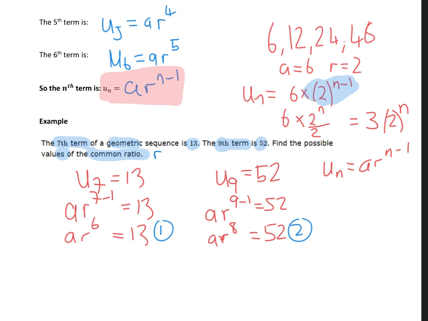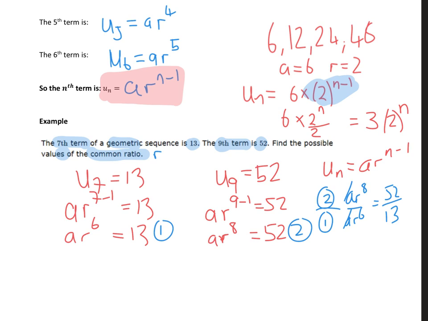If I divide them, the a's will cancel out. So if I do 2 divided by 1, so I'm choosing 2 first because it's got the bigger power, a r to the 8 divided by a r to the 6 will equal 52 divided by 13.